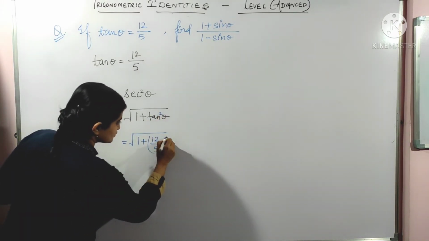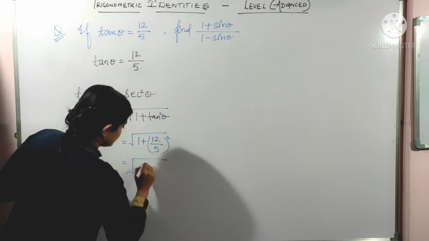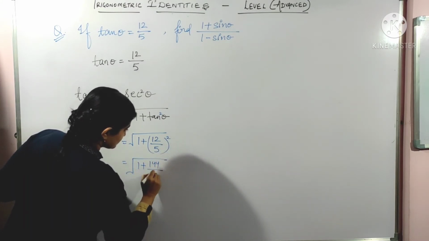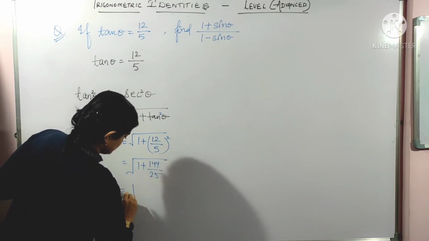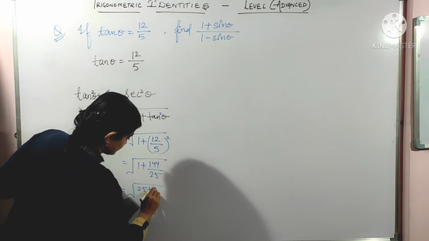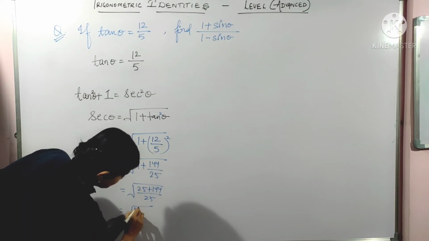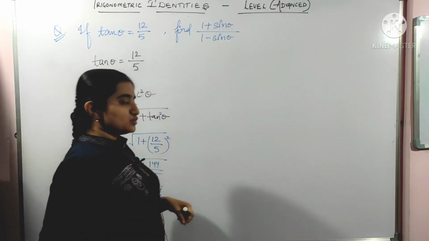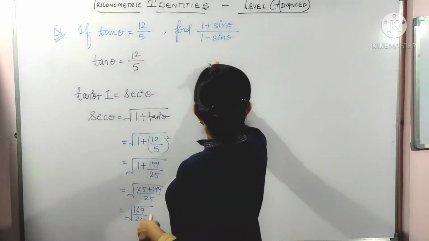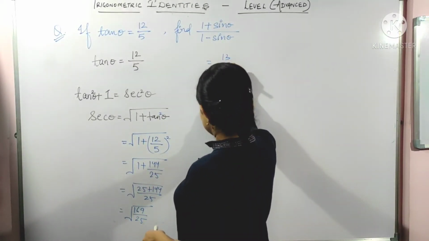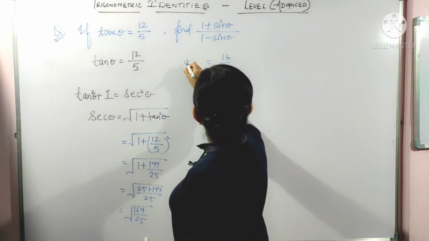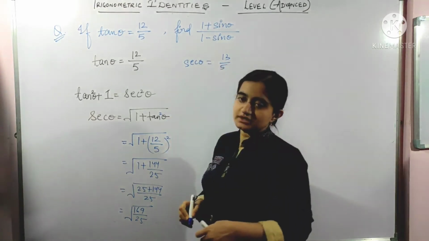We will get 1 plus 144 upon 25, 25 plus 144 upon 25, 169 upon 25. Root 169 is 13 upon 5. Sec theta equals 13 upon 5.